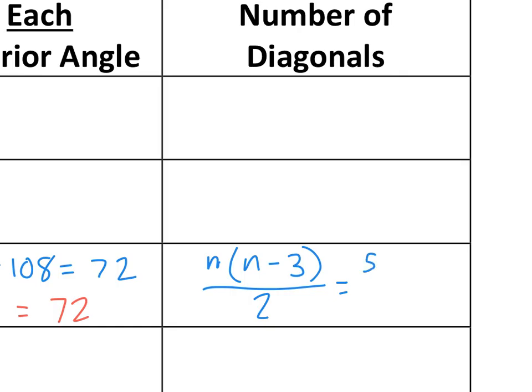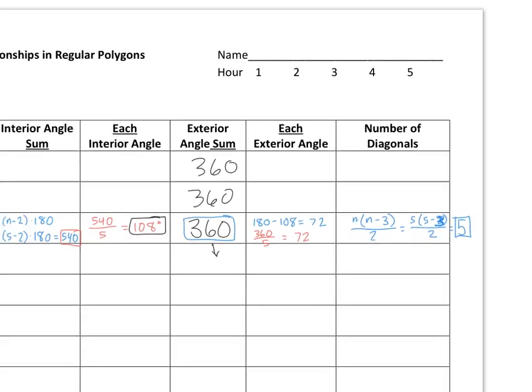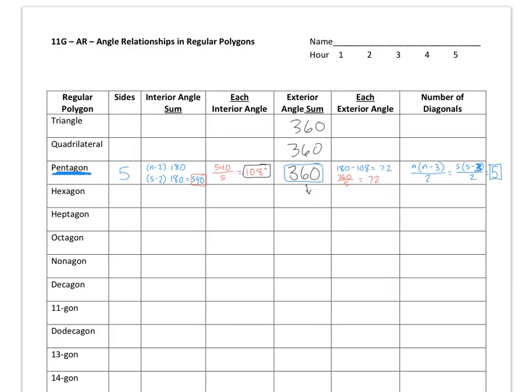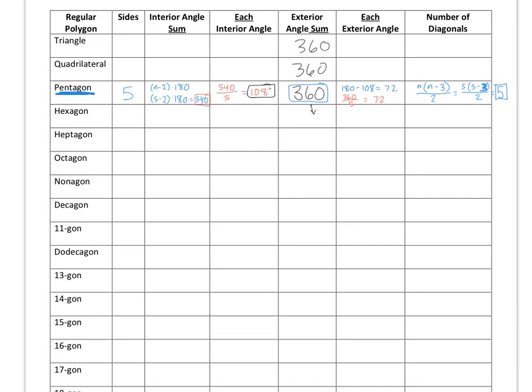So 5 times 5 minus 3, sorry, this top one needs to be a 3, divided by 2. If you simplify that, 5 minus 3 is 2, 5 times 2 is 10, and then 10 divided by 2 is 5. So this has 5 diagonals. We'll zoom out real quick. So that's what you want to do for each of these polygons.